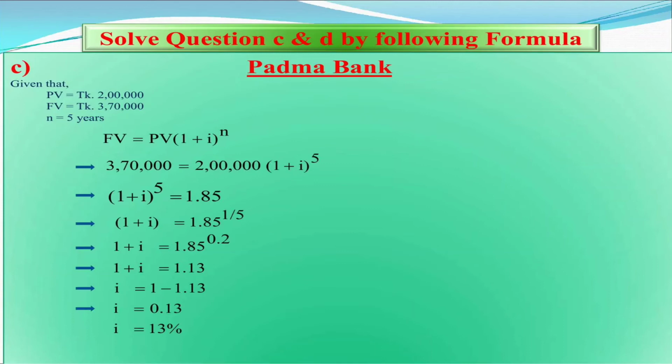Now I equals 0.13, that means 13%. So this way we calculate the interest rate by using the future value formula. I think you understood the answer of C, how to calculate the interest rate by using the future value formula.